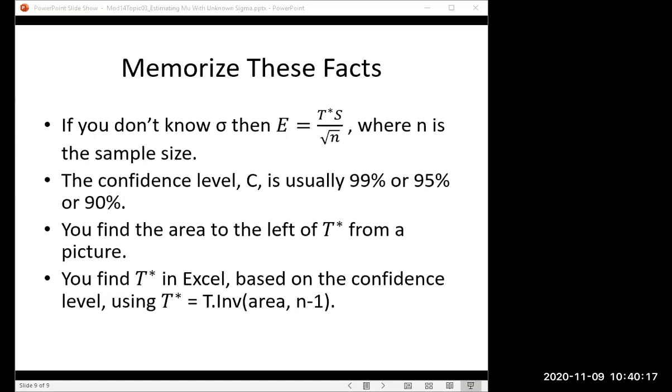And the key step is just working out what area you need to plug in here in Excel. The way Excel is written, you plug in the area to the left of the point that you're looking for. So like if it was 95% confidence, then the area would be 0.975. If it was 90% confidence, the area would be 0.95. That's it.